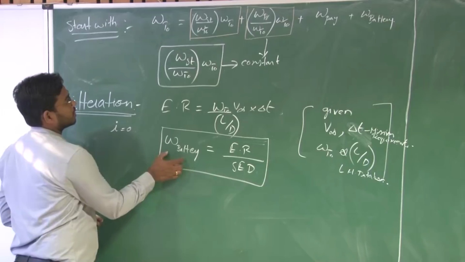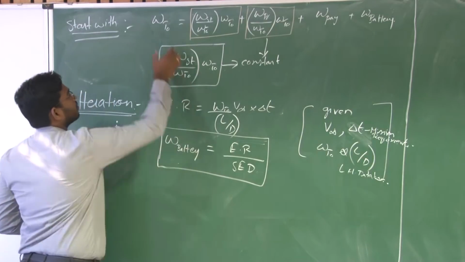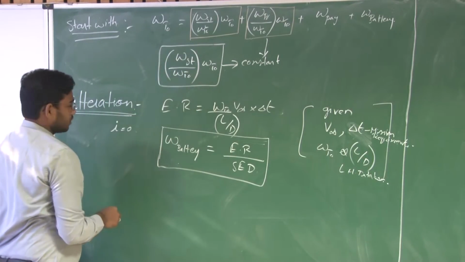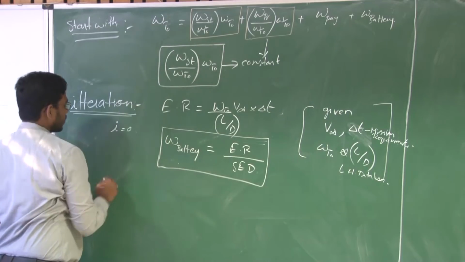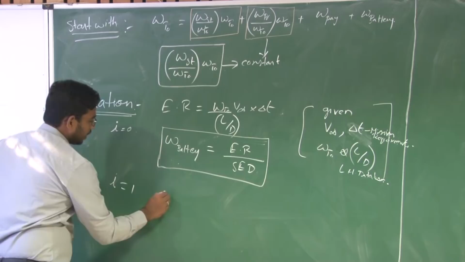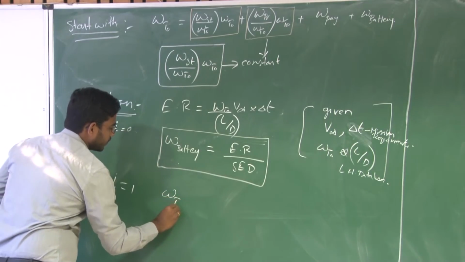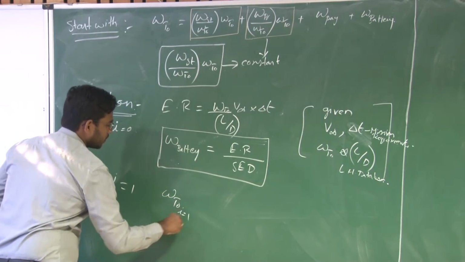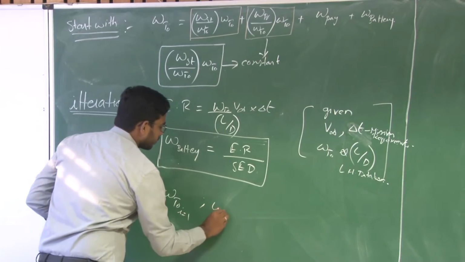Now once you have the battery weight, you update the takeoff weight. So with the new takeoff weight at i equals 1, you have the updated takeoff weight with the corresponding battery weight.